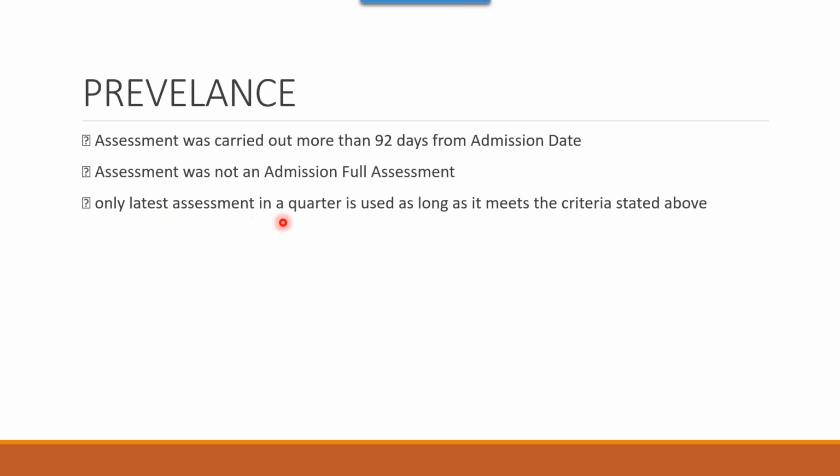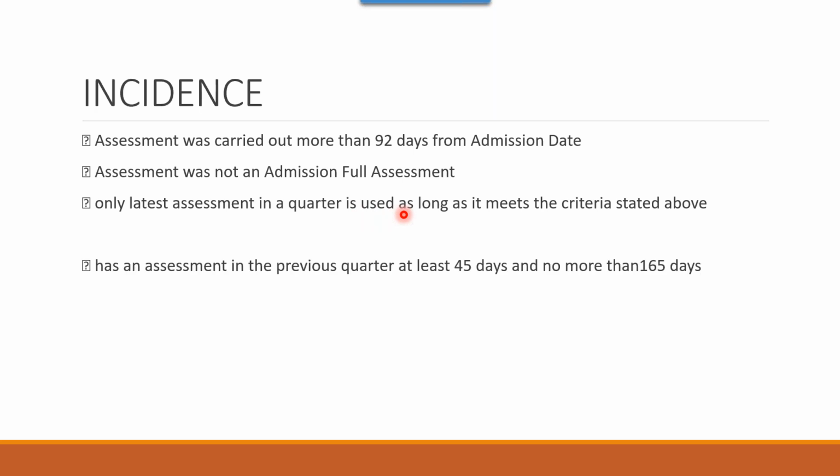And recall that if we have more than one assessment done in a quarter, only the very last assessment is used for calculating the quality indicators, which is not the same for the RUGs. When we calculate RUGs, we're calculating RUGs on every assessment that's in the system. But for the QIs, we only calculate on one assessment per quarter, and it's always the last assessment.